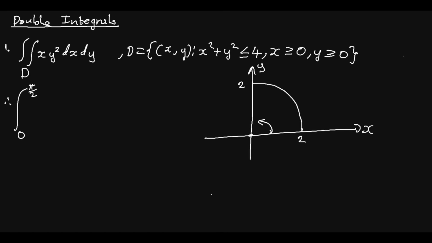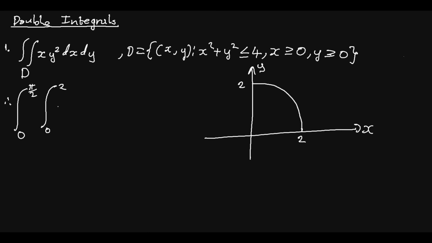Irrespective of where your region is, you must be here where you touch it, the last time you touch it. Okay, so that's how you read the theta. Then the radius is 0 to 2. So this is a simple case. Radius is a constant as well.